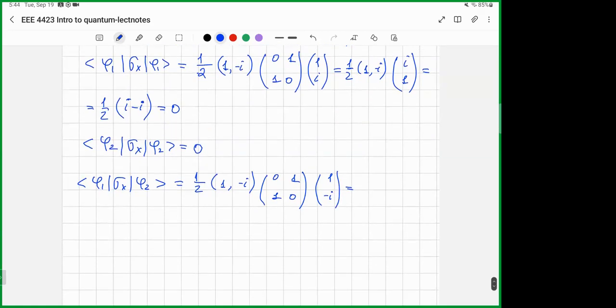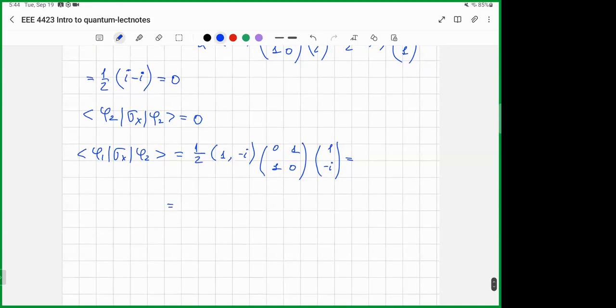Okay, so the result of a product of matrix times vector is 0 times 1 plus 1 times minus i, so it's minus i here, and 1 times 1, 1.